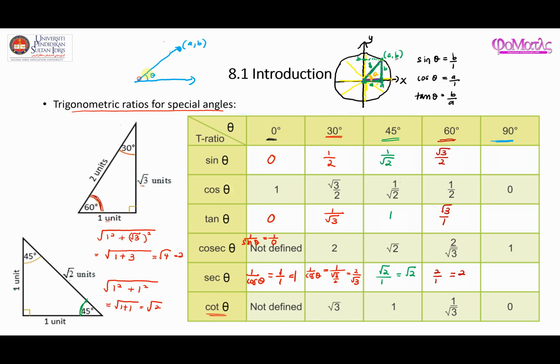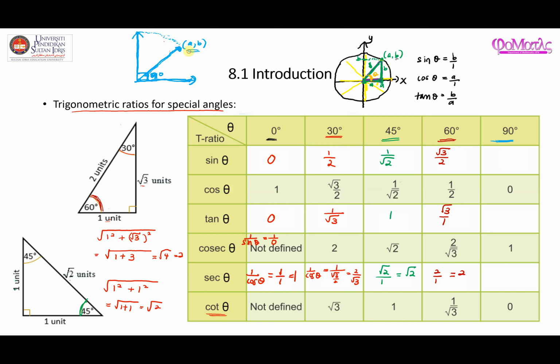So let's say that this terminal side here is moved along the circle, along this unit circle. So it's going in this direction, and then it stops here, so that the angle that it makes with respect to the initial side here will be 90 degrees.